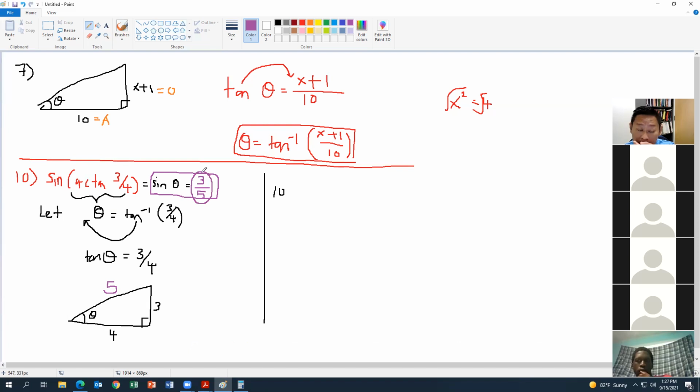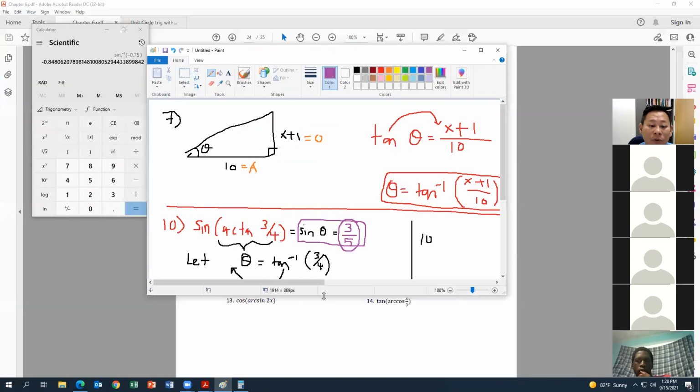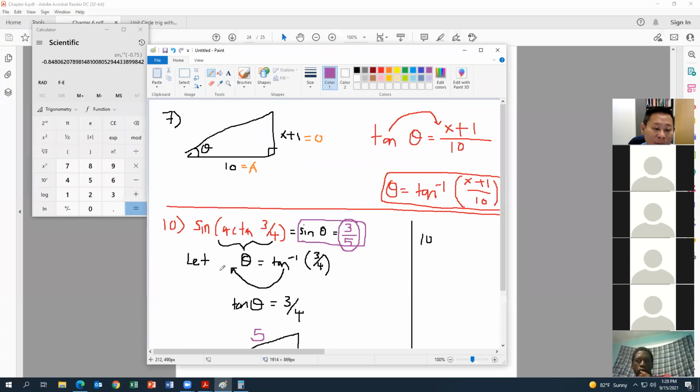So what is going on in these kinds of questions, 10, 11, 12, is you actually have to move the tangent or whatever backwards, and then you have to draw a right triangle to use your SOHCAHTOA to apply it. So we're going to do the last one, 11 in this case.